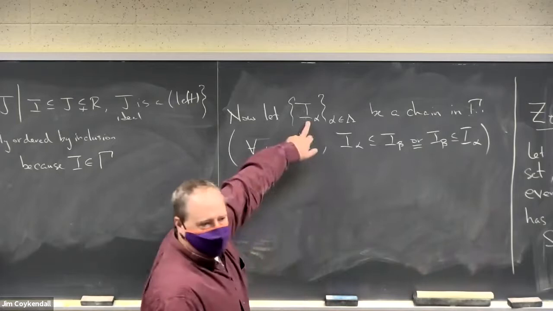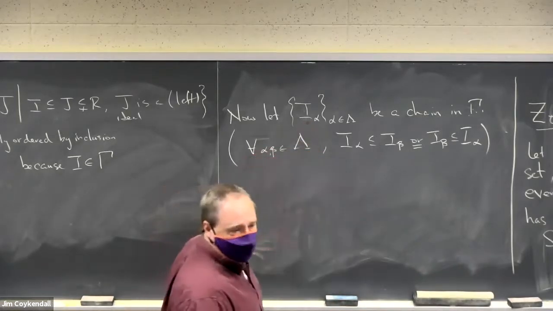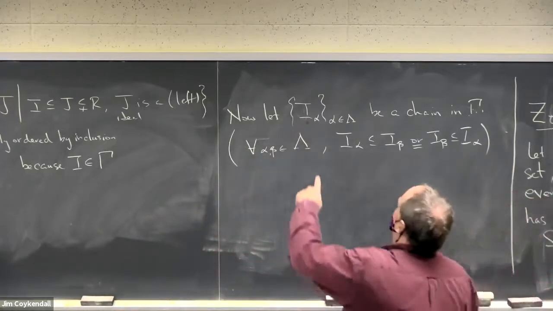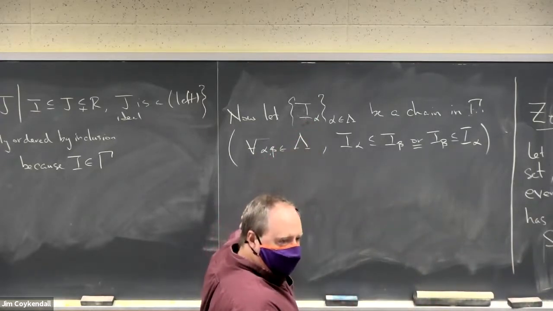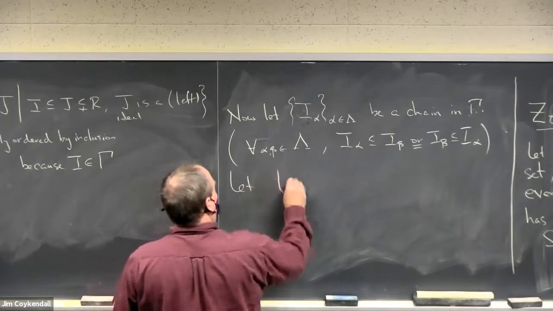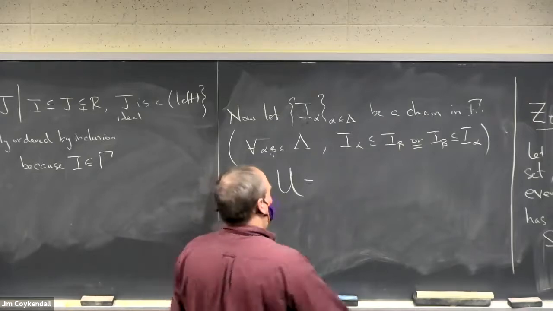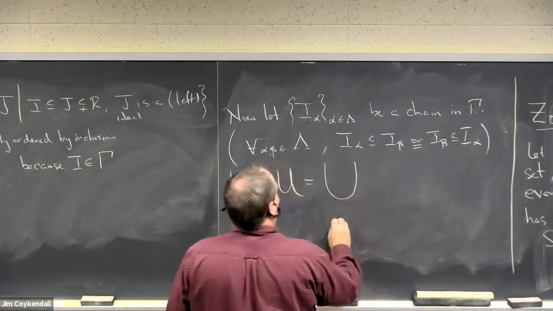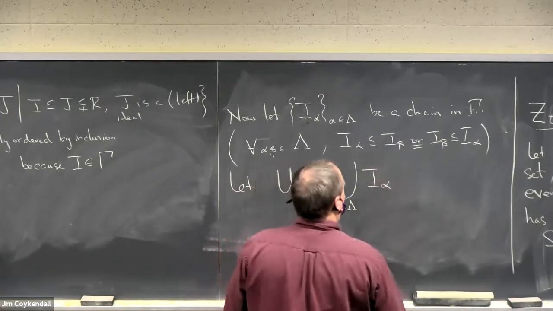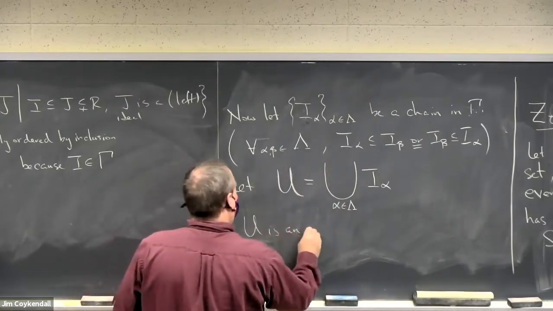It means if I pull any two random ideals out of this bushel of apples, one of them contains the other. Any ideas what I could do to select an upper bound for this chain?